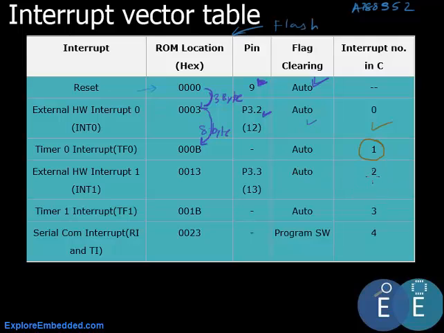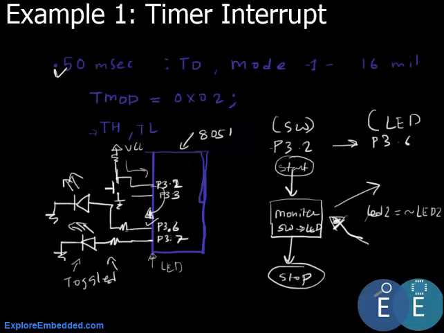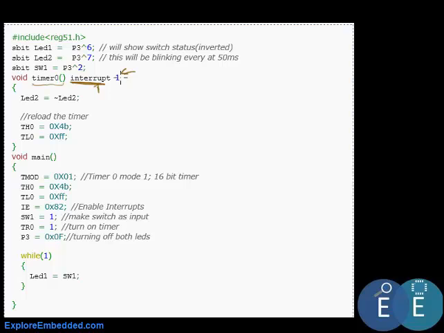We'll be using the external hardware interrupts later; there are two hardware interrupts and the timer interrupt. For now, this number needs to be 1 here, so that you can observe it in the code. Let's go back. Okay, so this is the number.